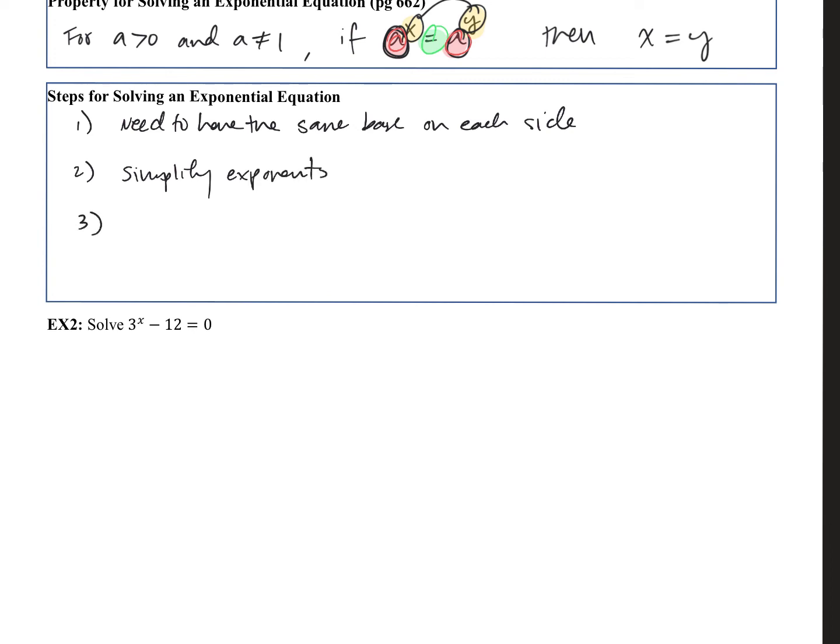Step 3, set the exponents equal, or equate the exponents. And step 4, solve. We don't need to worry about checking exponential equation answers. And this is on page 662 if you want to look at that a little more. There's a little more detail in the book on that.